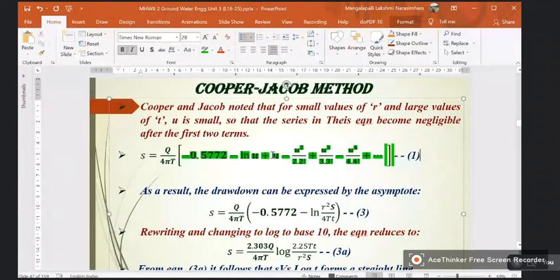That well function expression is now assumed to be truncated beyond the second term. That is, the first term constant minus 0.5772 minus log u, where u is r squared S by 4Tt.